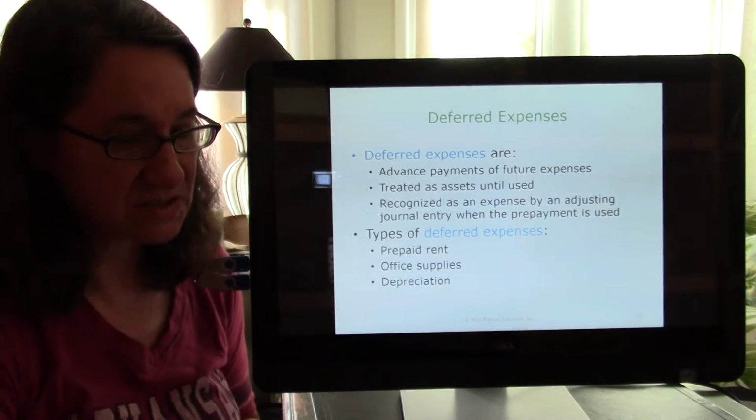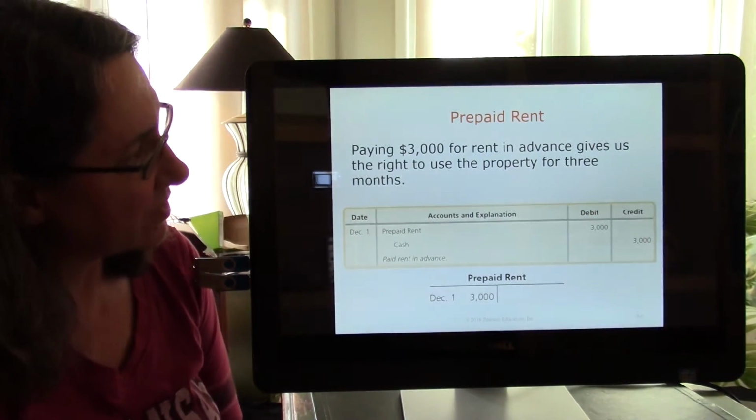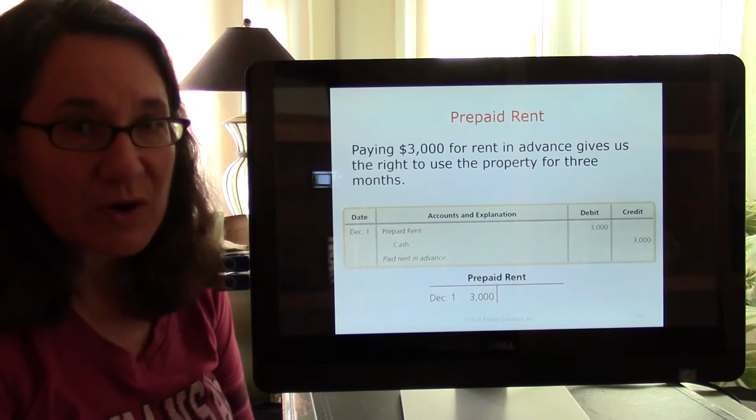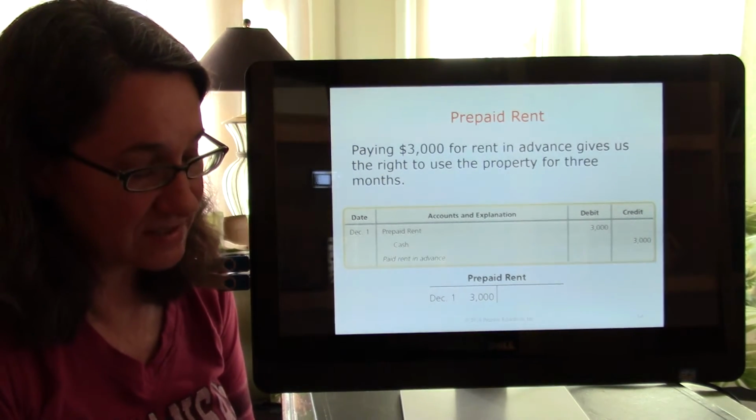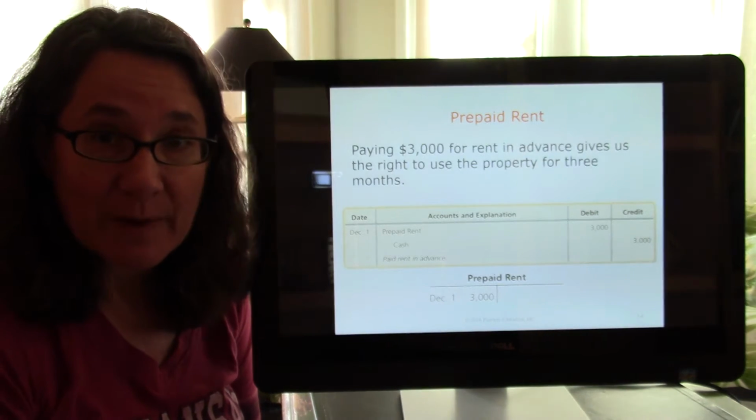All right, let's look at one of these entries, and hopefully that will be a little clearer. We're going to talk about prepaid rent. Remember, this is a deferred expense because some cash got paid up front.